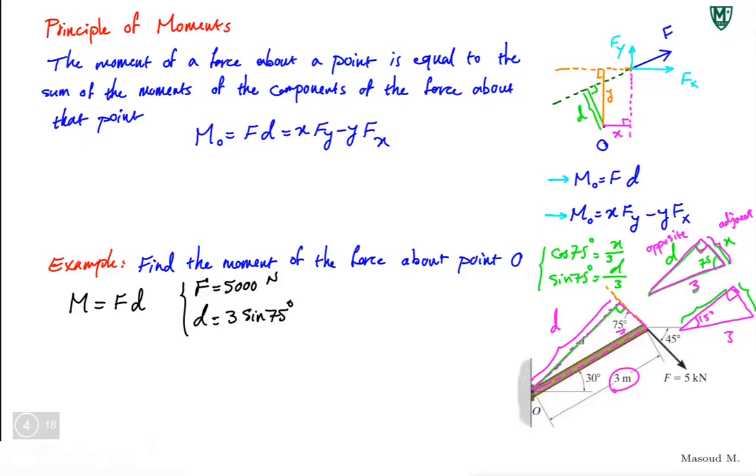Now, let's see if we can look at it in a different way. I want to use the principle of moments. I don't really have the number, but you can do the calculation. This becomes 5,000 times 3 sine 75 degrees, or whatever this turns out to be, newton meters.